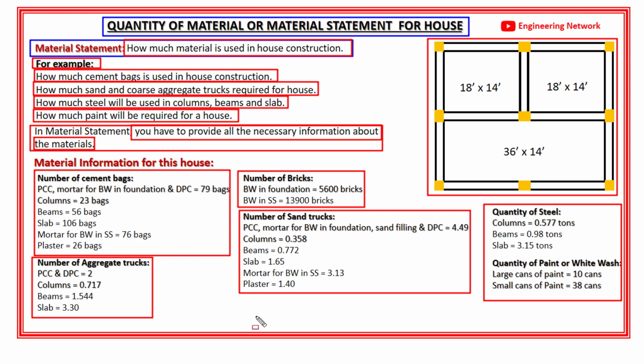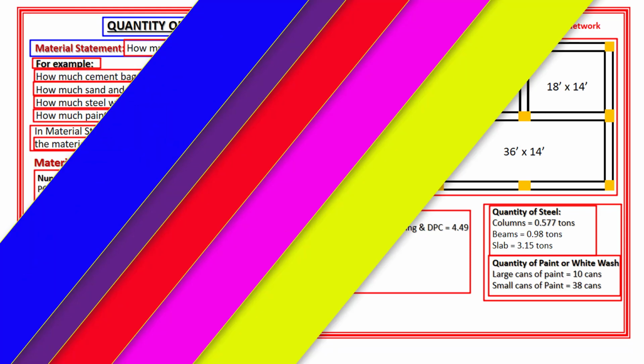And also I have the total quantity of steel and paint for this particular house. Now I have been working on this course of house estimation for the past 2 weeks and I uploaded all the related videos for the material quantities that I have mentioned. You only have to watch the entire course on my YouTube channel to understand easily.